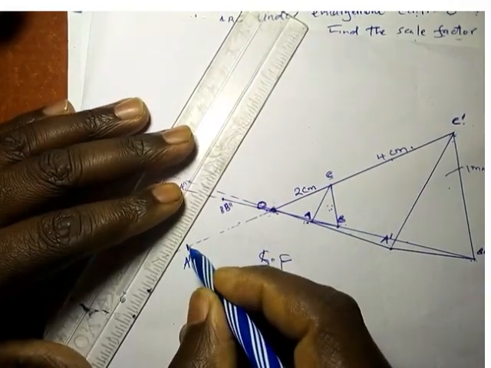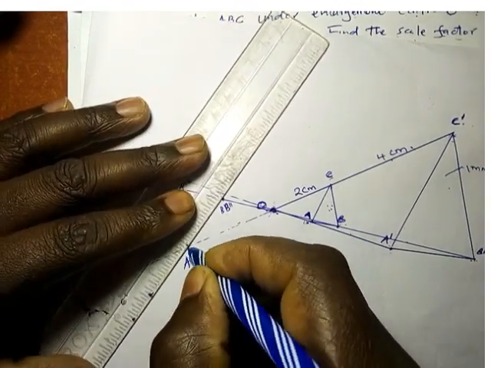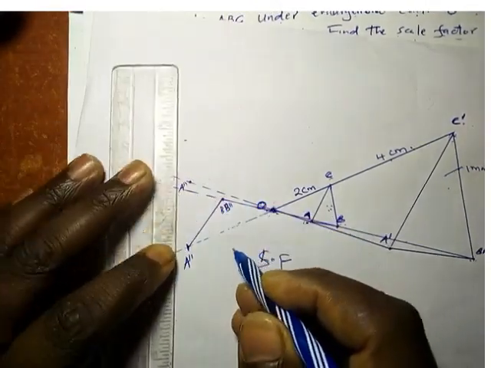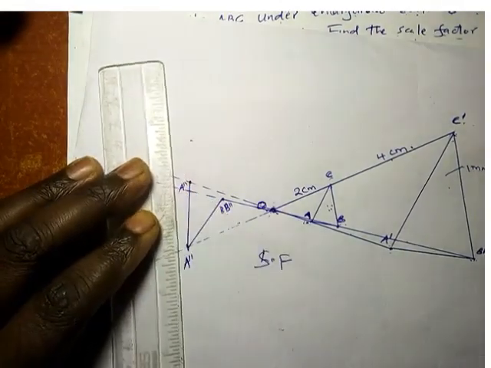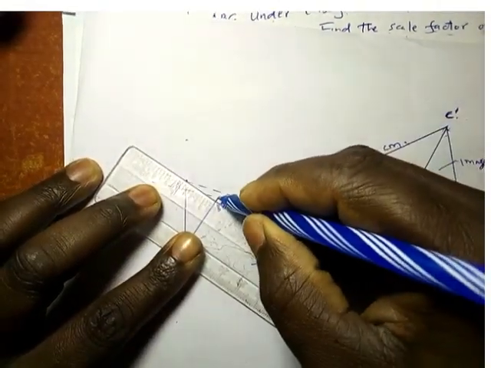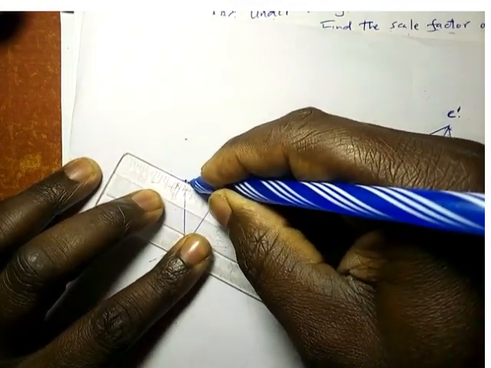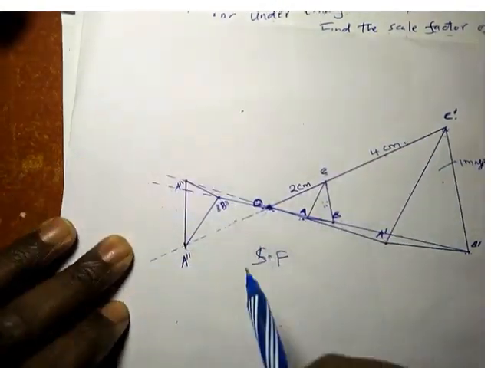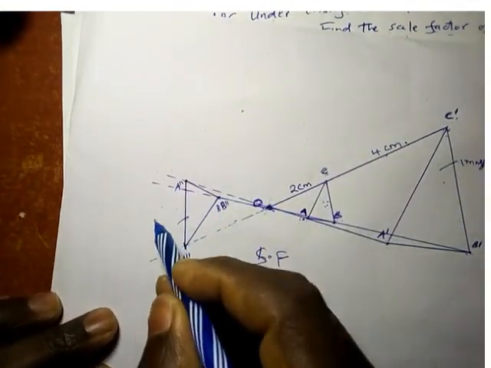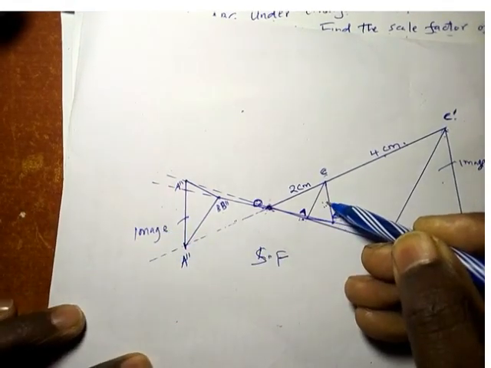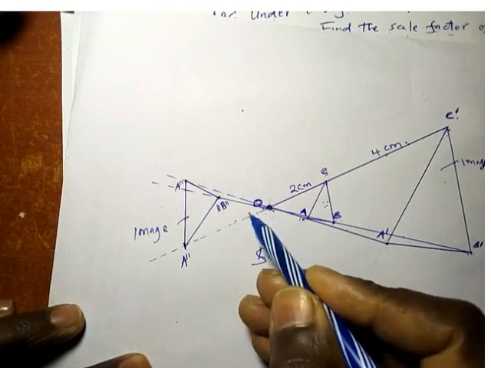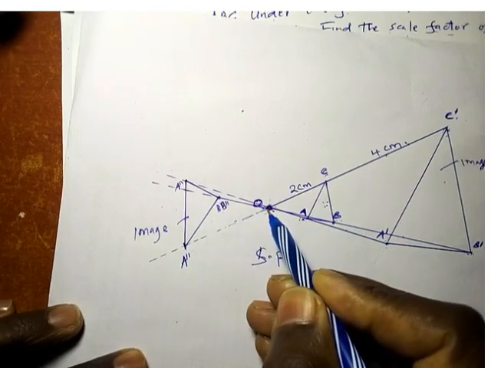If now I join these points, this is the image of this object which is on the opposite side of the center.